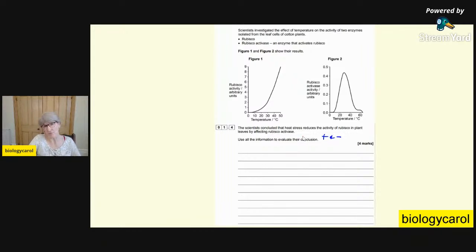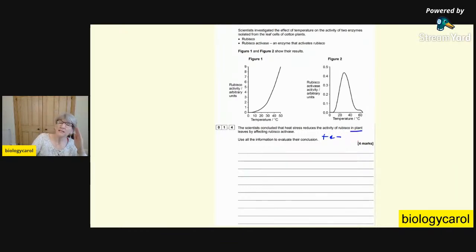Evaluate their conclusion. Now, evaluate means pros and cons. You're looking for arguments against and you're looking for arguments for the conclusion being the correct one. So here am I reminding myself for and against, pluses and minuses.